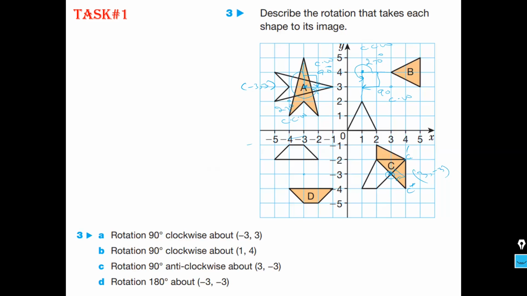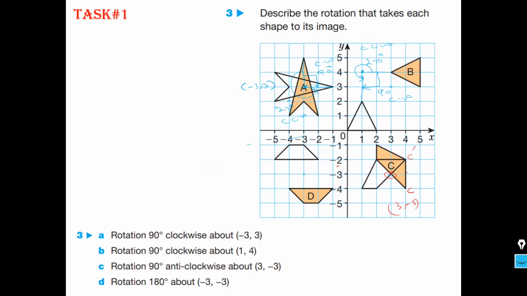It's counterclockwise. From here you look, this is the point which is 3 and -3. Okay. From here, for example, if I say this is the C point of the original and this is C dash of this figure, which is the image.